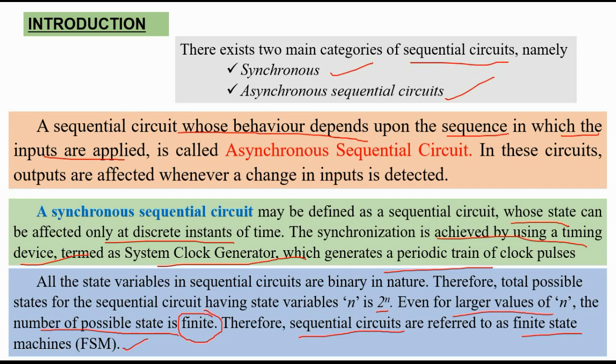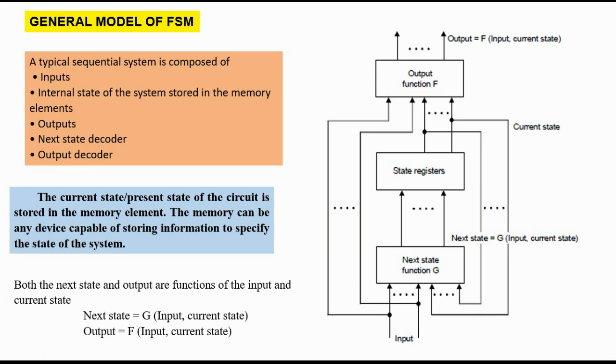So that's it. Now I am going to give you a broader view of what finite state machines are and what they contain. Say for example, a typical sequential system is composed of inputs, internal states which are stored in the memory, outputs, a next state decoder and an output decoder. These are the principal components present in the finite state machine, which may be labeled as a sequential machine.